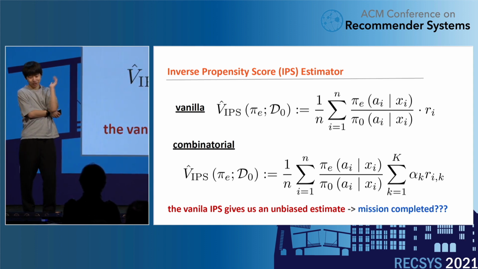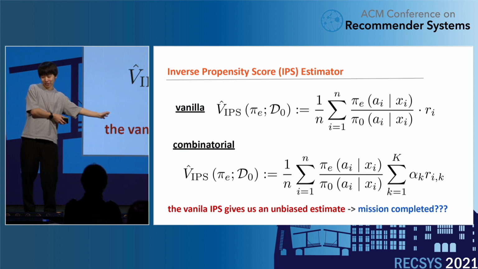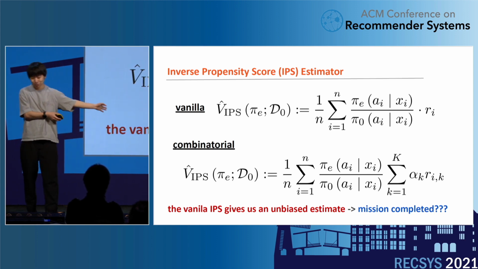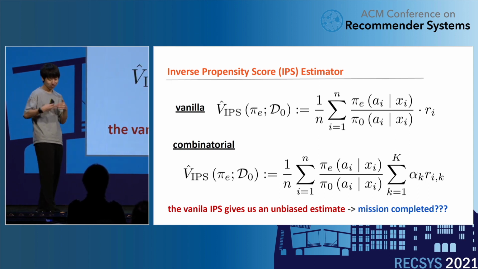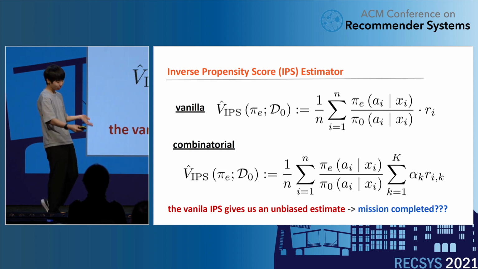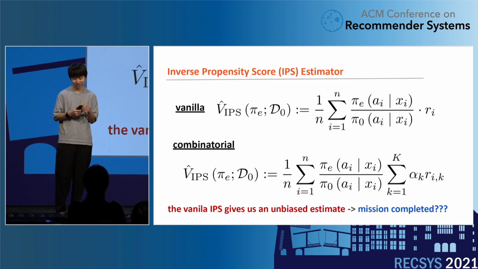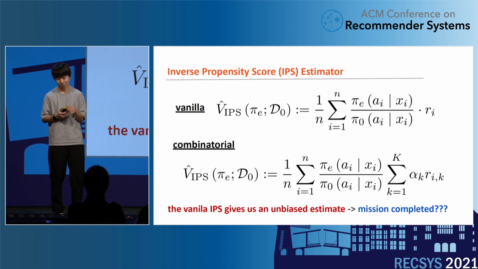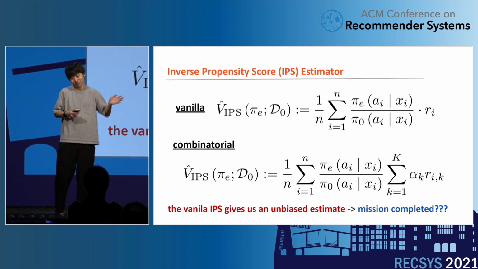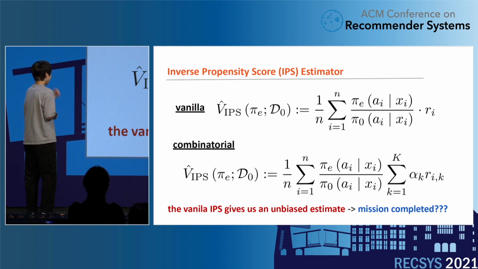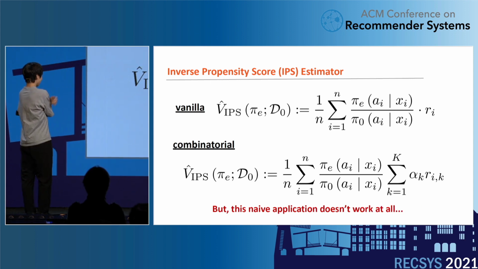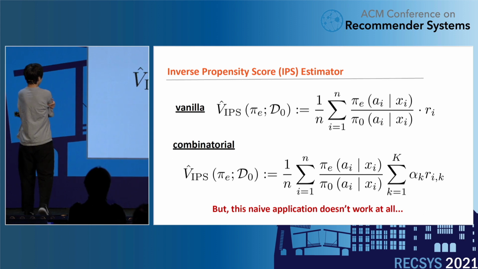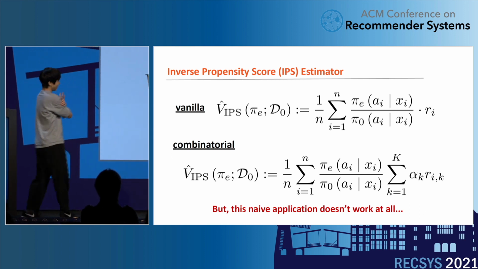Because we now have the unbiased and consistent estimate for the combinatorial action case, meaning that if we have infinite samples of data, we can still know the true policy value. That's the statement here, and the theory should apply. Mission completed.